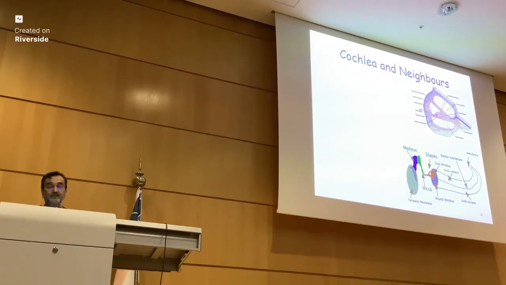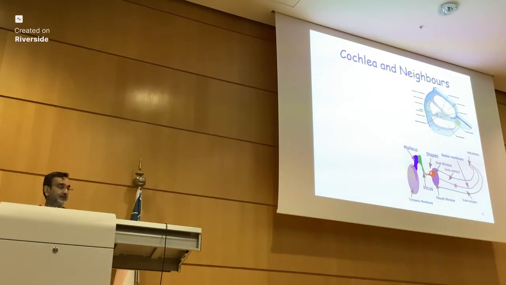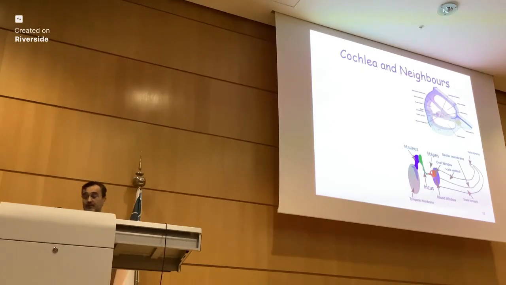If the vibration matches the frequency, it sets that part of the basilar membrane to vibrate. If not, the vibrations pass through the helicotrema into the scala tympani and ultimately cause bulging of the secondary tympanic membrane covering the round window. So this is the normal mechanism.